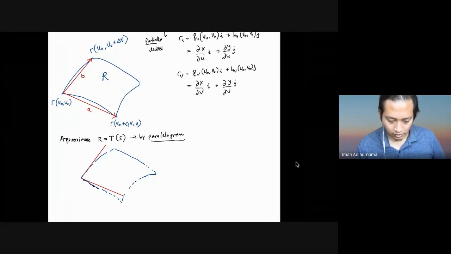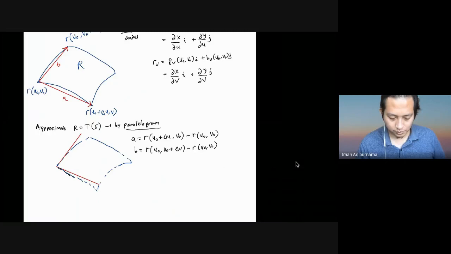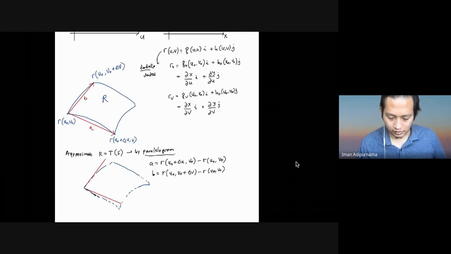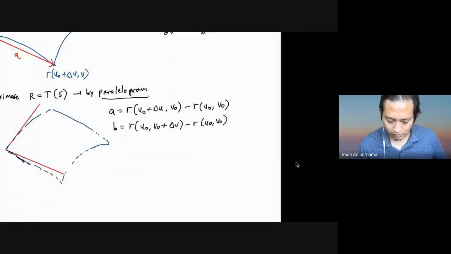So a is the vector function defined for a. And then we can define it from the limit definition.